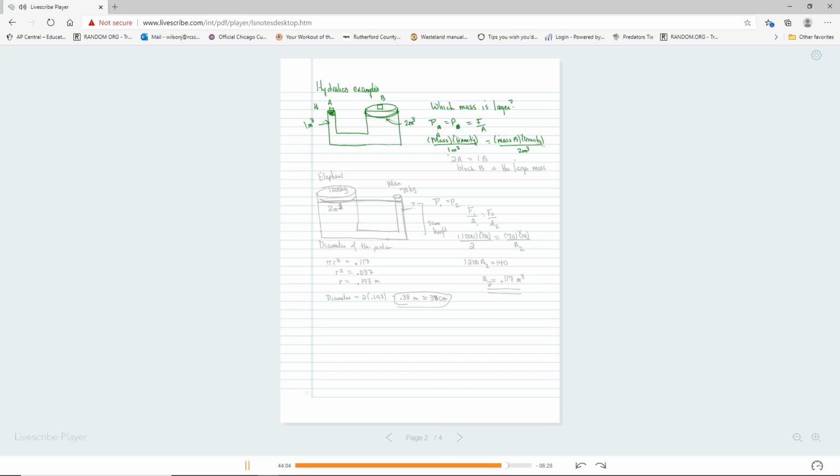The one that's on the bigger platform, because if I want to keep the ratio the same size, I need big number over big number and little number over little number. So in fact, you can look at it like this.